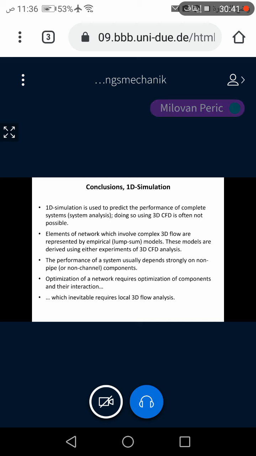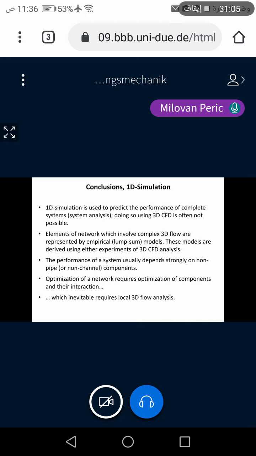And these models are derived either from experiments or from detailed CFD analysis. The performance of such a system usually depends strongly on these non-pipe or non-channel components, because the calibration of a straight pipe or straight channel is accurate, so there is no uncertainty about that.